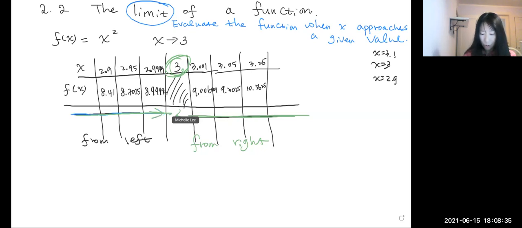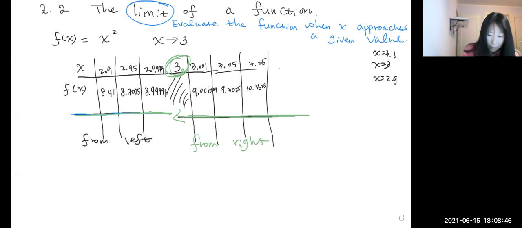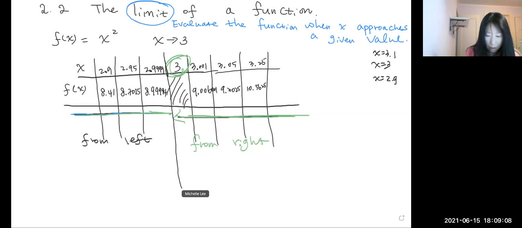What number should be there? It's approaching 9. Good, right? See that? Okay, so this approaches 9.